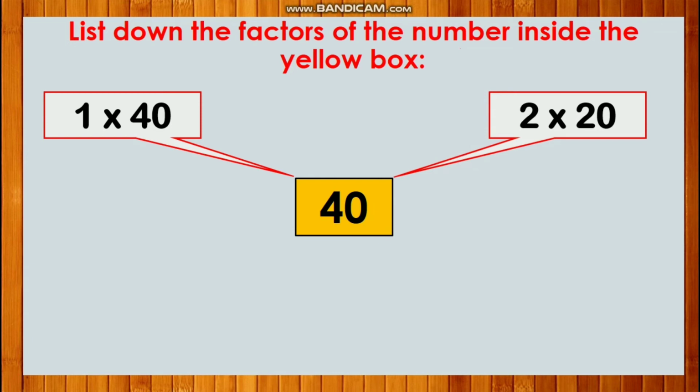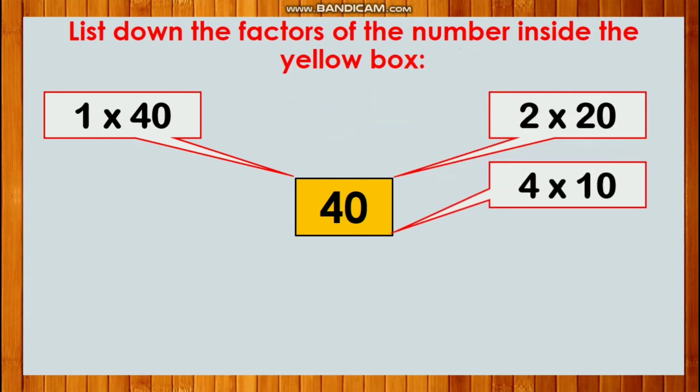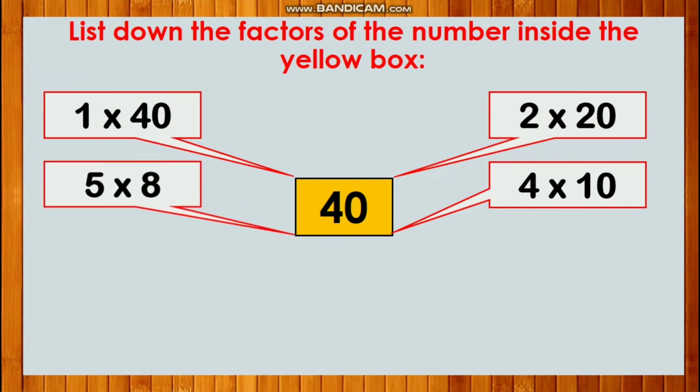Another pair we could have, very good, we could have 4, then multiply 4 to 10, that makes up 40. Then we could have 5 and 8. So here we have 4 pairs of numbers or factors that have a product of 40.